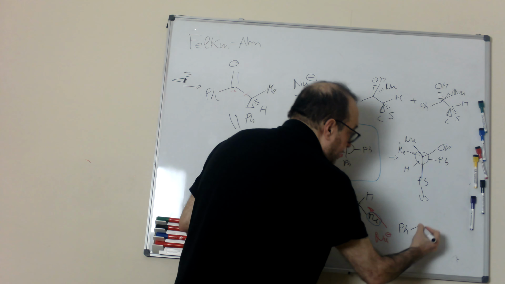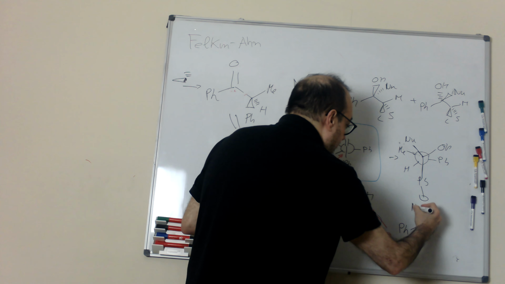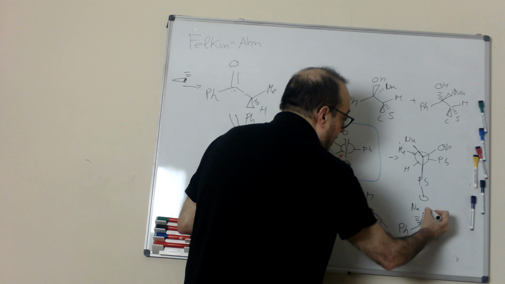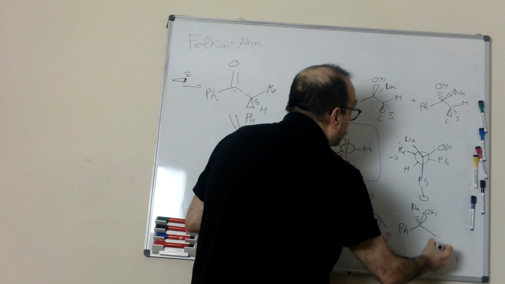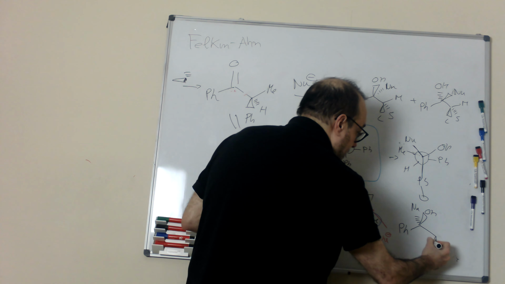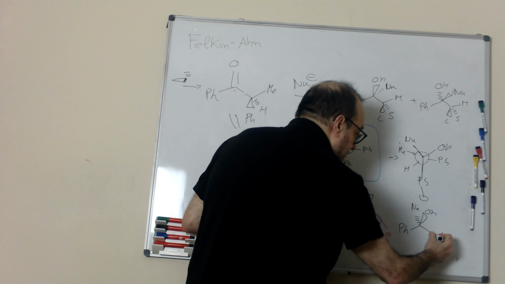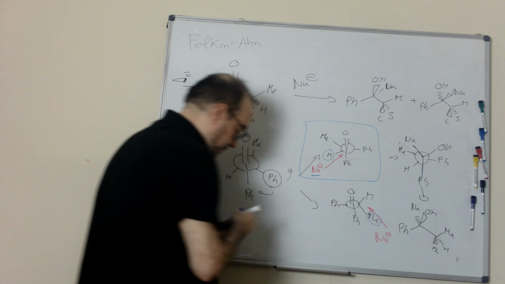If the phenyl is here, if I draw it like this, the nucleophile is behind, the OH is in front, and then what I have is phenyl, hydrogen, methyl.